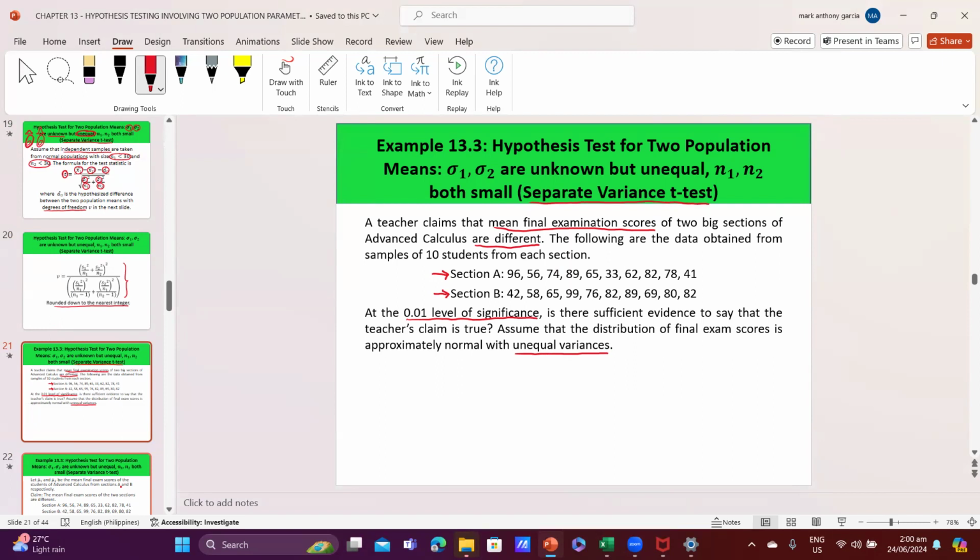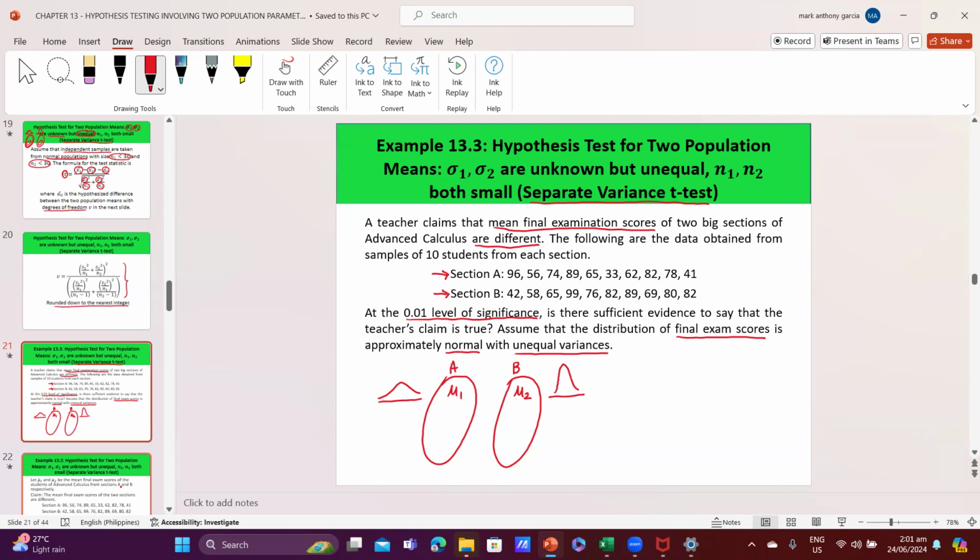Since we have two populations, our two populations would be the students from section A and the students from section B. So what we are comparing here is the average grade in advanced calculus of students from section A and the advanced calculus grades of the students in section B. Now, according to the assumption, the final exam scores of the students from section A and section B are approximately normal, which means that this is represented by a bell-shaped curve, and this is also represented by a bell-shaped curve.